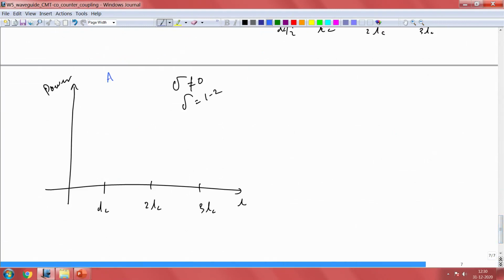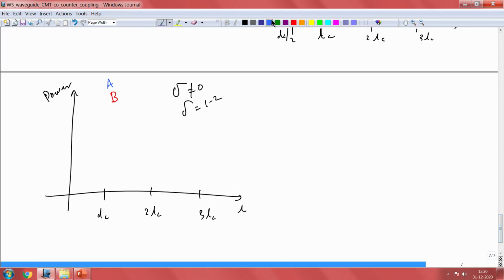Again, A is blue now and B is your red curve here. So, when I start, A is 1, that is the maximum power we start with. But then as it propagates through, instead of going to 0, they will oscillate between these states. Let me draw it again.